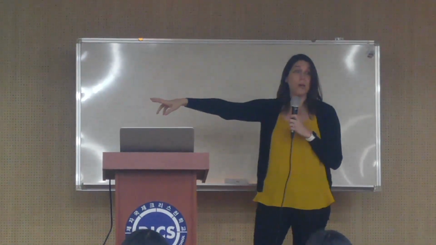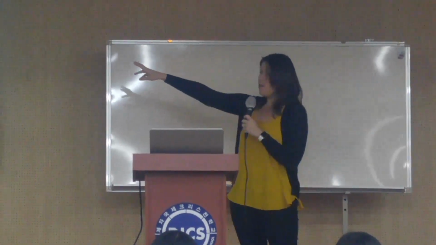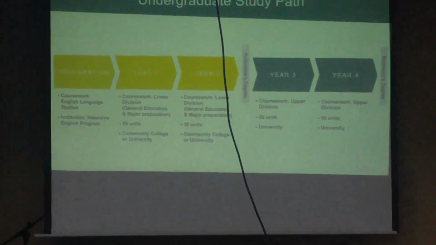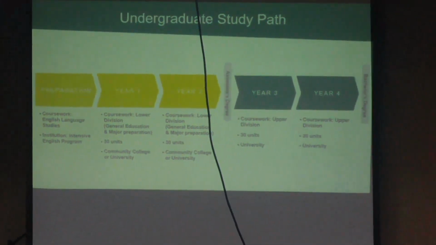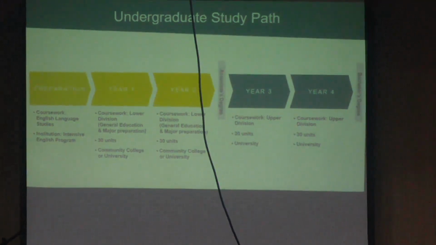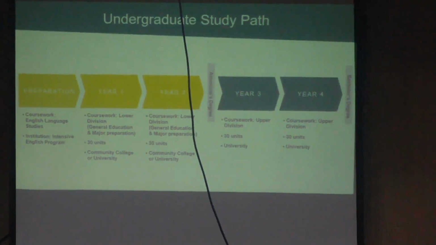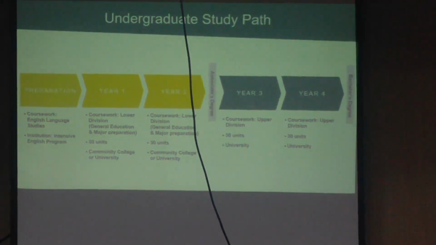So the first 2 years is the foundation, and the last 2 years you're really focusing in on what you want to do. We call it upper division, and you need 60 more units in order to get your bachelor's degree. So 120 units total for a bachelor's degree, 4 years. The last 2 years of your bachelor's degree can only be done at a university.